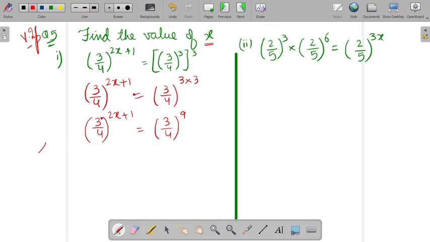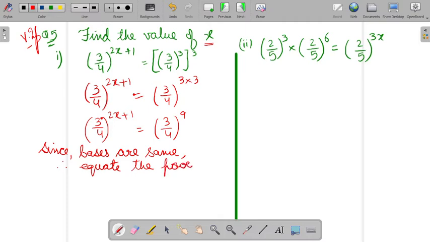So you will write one statement, since bases are same. Bases are same. How they are same? Because on both the sides the bases are 3 by 4. So bases are same. Therefore, equate the power. Equate means equal. Equate the powers or exponent.